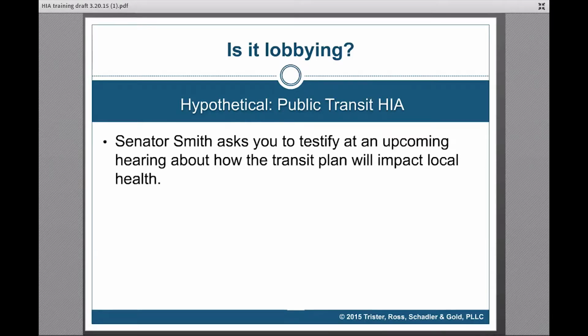When you get to this level of discussing that the state should implement a 2-cent per ounce tax on sugar-sweetened beverages, that would be closer. That would be more of a specific legislative proposal. But in most of these cases, you need to talk through with your lawyer to see, okay, we have a situation with the County Transportation Committee. Do you think we're at a point right now of which side of the line are we on at this point?